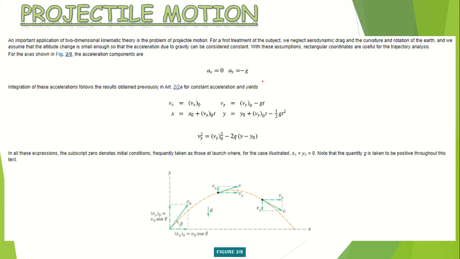So with these assumptions, rectangular coordinates are useful for the trajectory analysis. Now for the axes shown in figure 2/8, from this picture here, the acceleration components are given in this. Actually this is just taken from here, class.